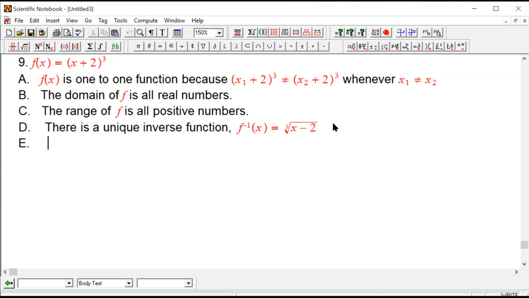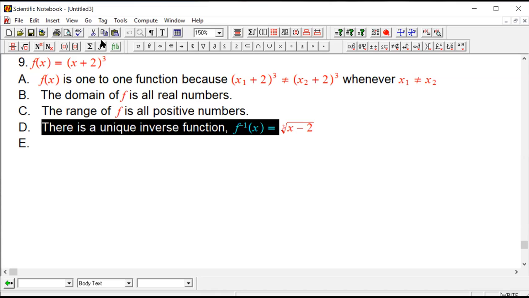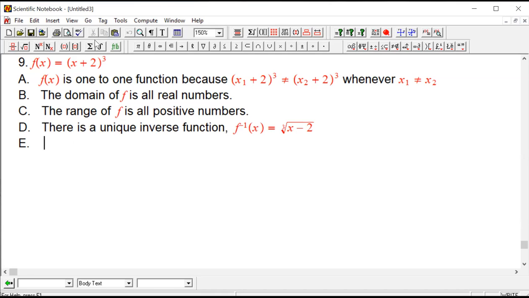E, they're still saying there's a unique inverse function, and this time the inverse function given is the cubic root of x plus 2.